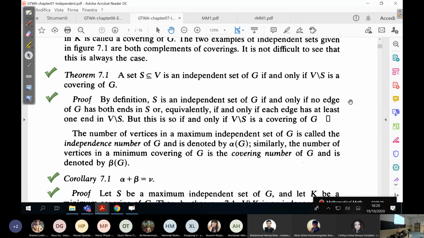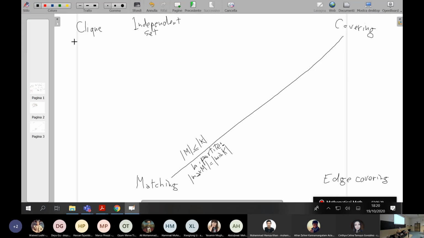So a set is independent if and only if its complement is a covering. They are both sets of vertices, and they are complementary to each other.